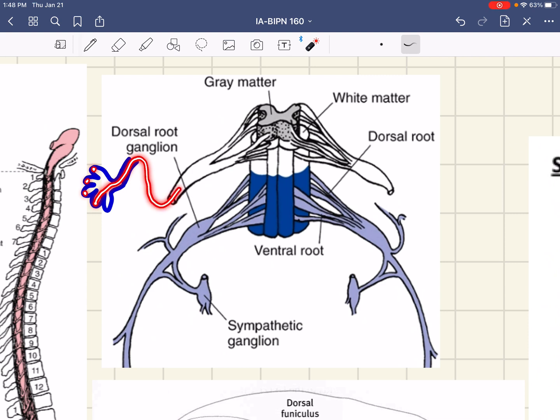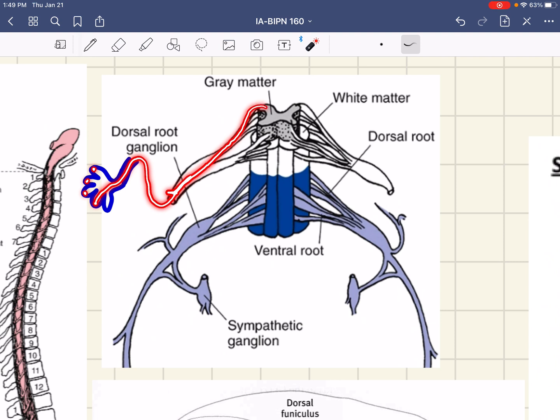This nerve will go into this nerve root that is near my spinal cord, and then this information will continue through this nerve, but it will split to the dorsal rootlet, because remember that the dorsal side is the sensory side of the spinal cord. It will go through the dorsal root.